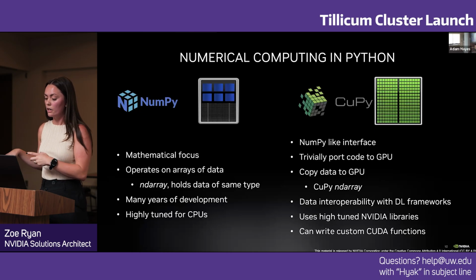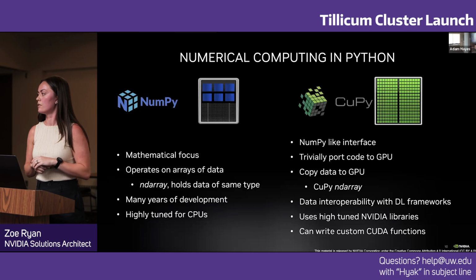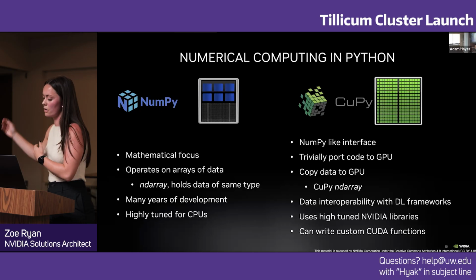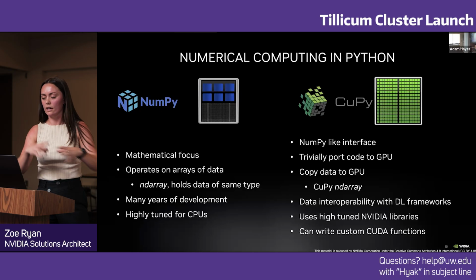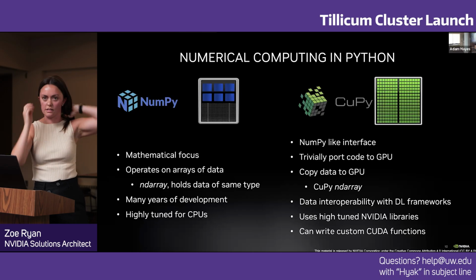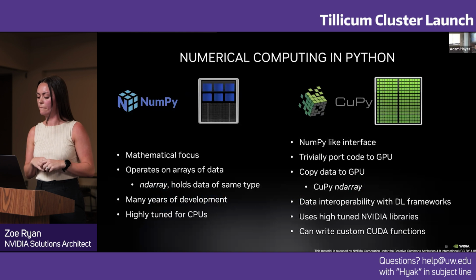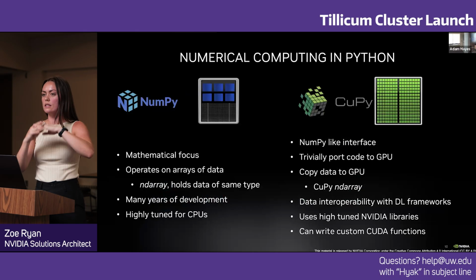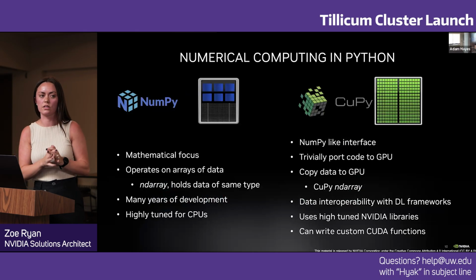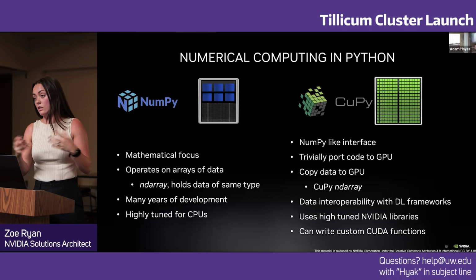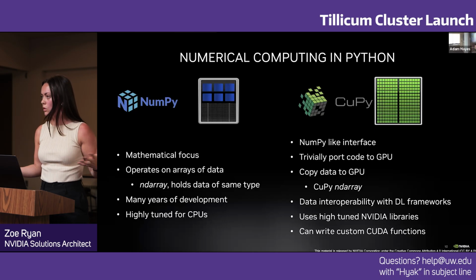And what the CuPy community has done, which is an open source community of pretty awesome developers, it's not an NVIDIA library, is they've taken the interface that we all know from NumPy, such as the ND array, ways that you can do modifications on those types of data storage options. And it takes that API and applies it to the GPU. So let's say you're a user who has thousands of lines of NumPy code that you run on your laptop, and it's starting to get pretty slow when you use it on your full data set.